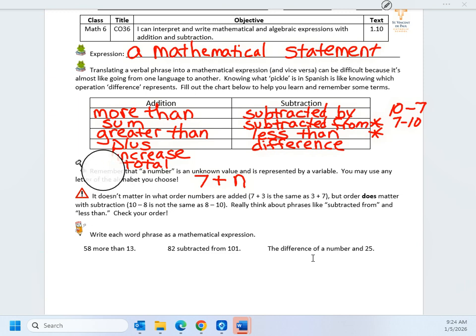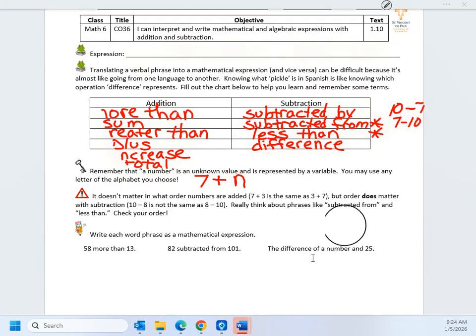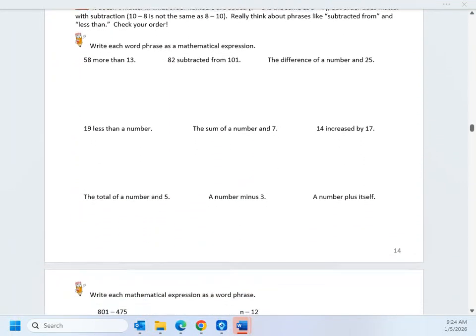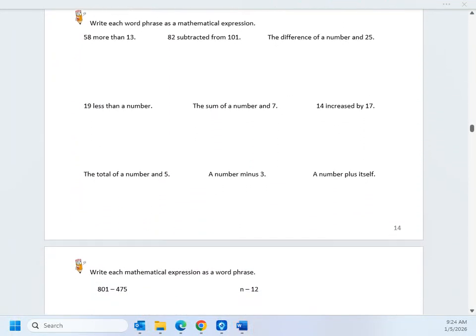So let's look at how we're going to use this information. So in this first section, it says write each word phrase as a mathematical expression. Does it say that we have to do the math? No. We're not putting equal signs. We're not doing the math.